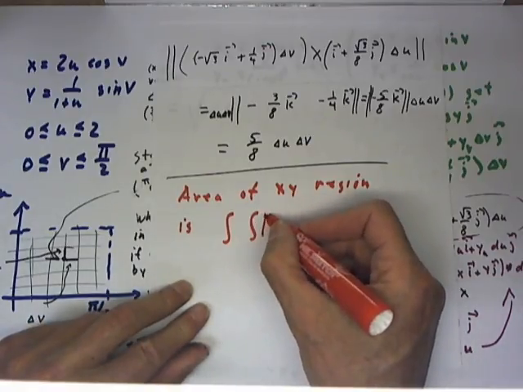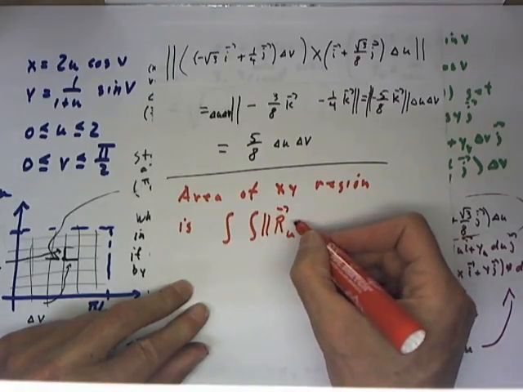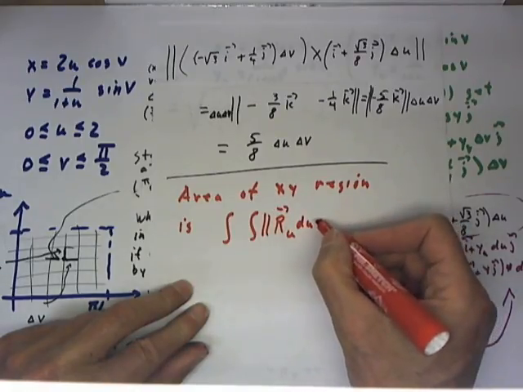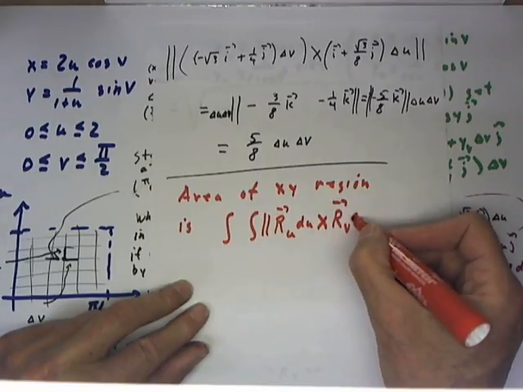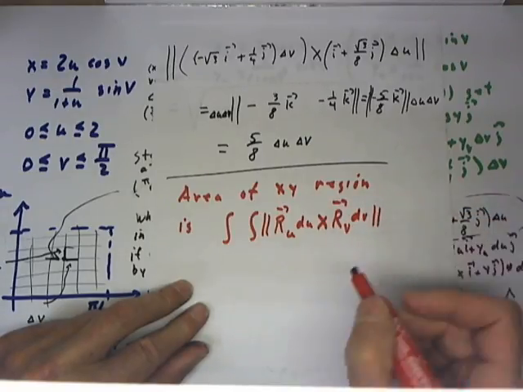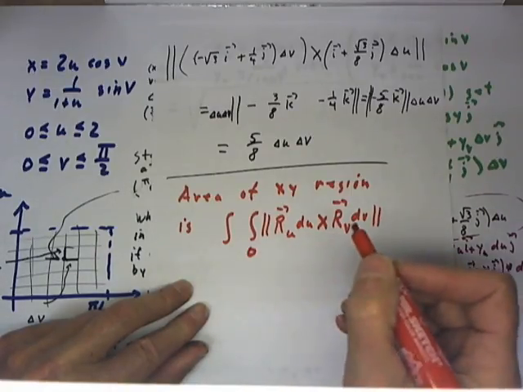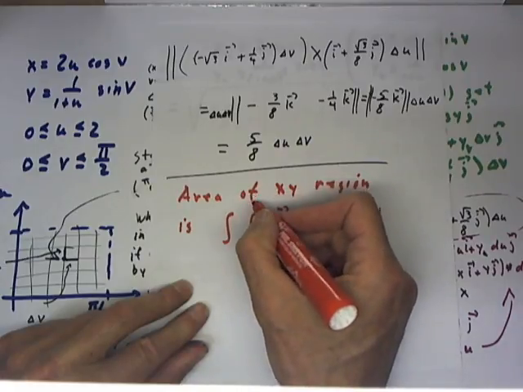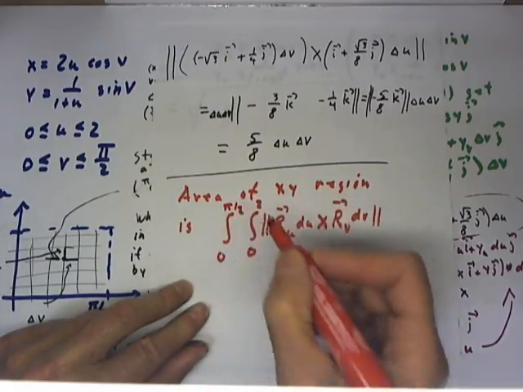This integral is the absolute value of ru du cross rv dv. And that goes, if du comes first, from 0 to 2, and 0 to pi over 2.